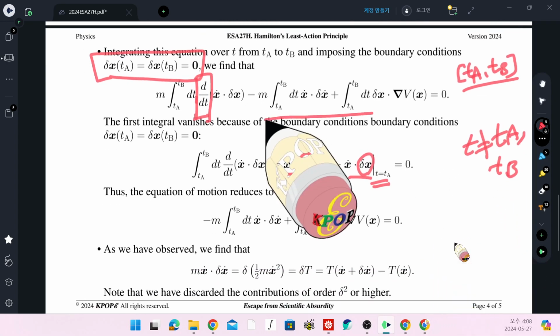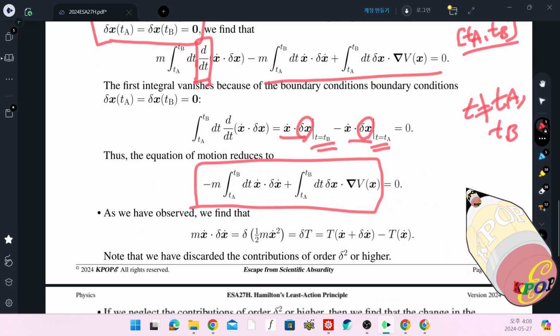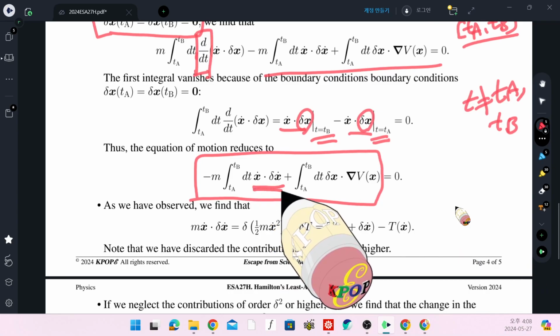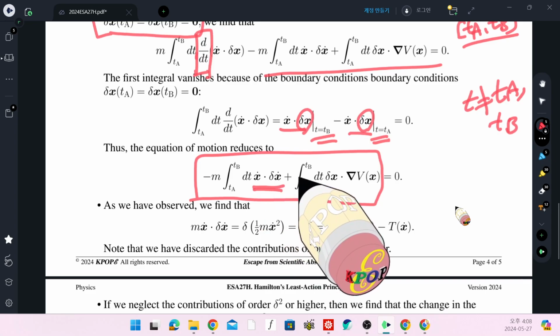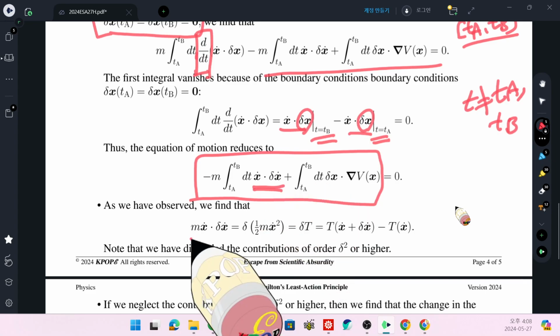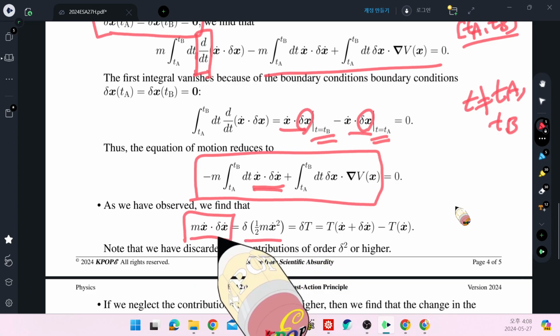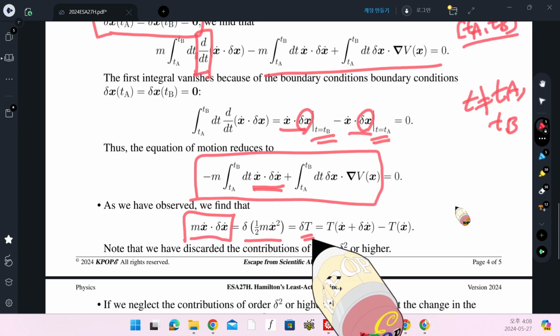Therefore, this integral is left. Now, we can again replace this velocity scalar product with the delta velocity. Again, using the Leibniz rule, this one can be expressed as the variation of the kinetic energy.